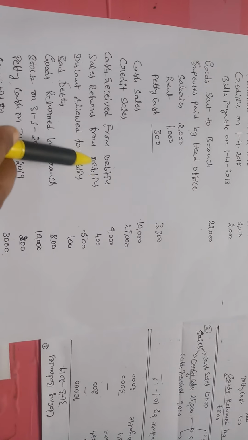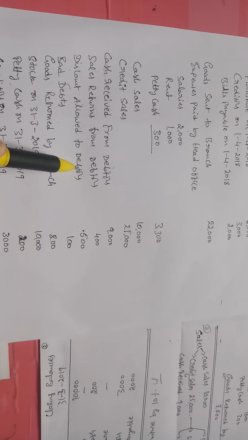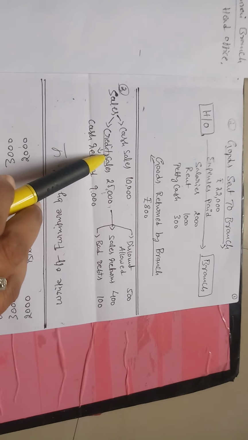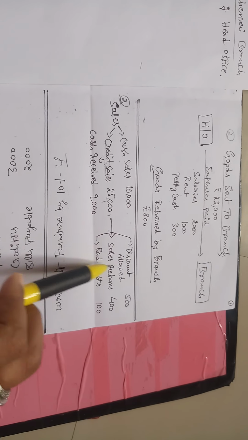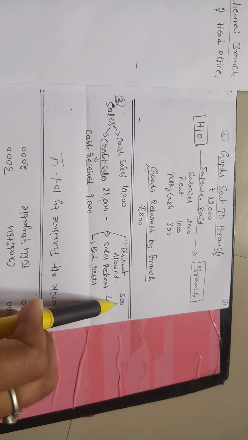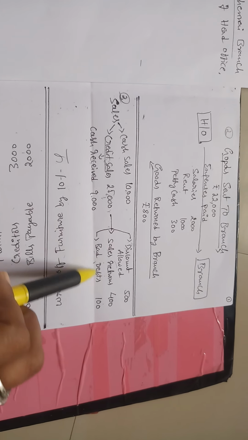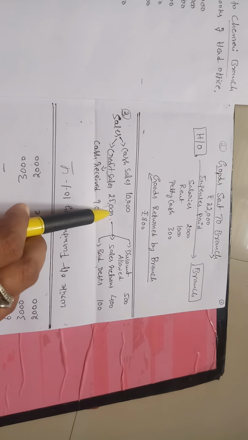Sales returns, discount allowed to debtors, and bad debts, these three items are related to credit sales. That's why I divided into three columns, three points: discount allowed 500, sales return 400, bad debts 100. So this is the third step.